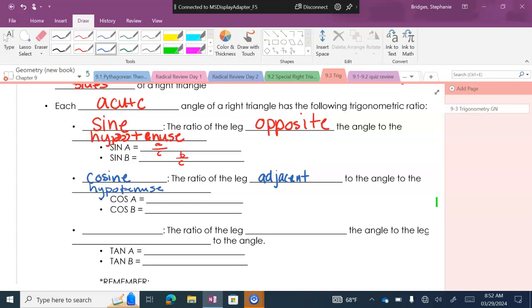I have leg B and leg A, because C is the hypotenuse. Which one of these is touching A? B. So the cosine of A is going to be B over, what is the hypotenuse again? C. So the cosine of A is the side B over C in the picture to the right.